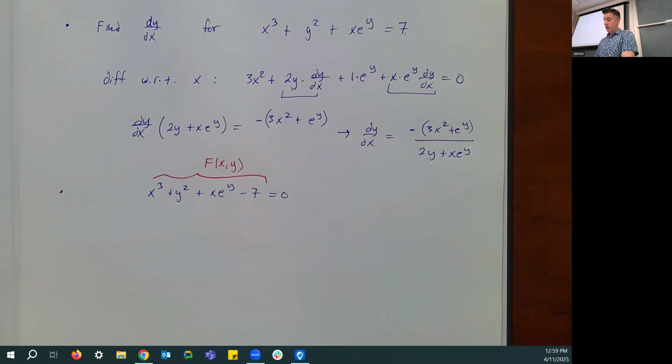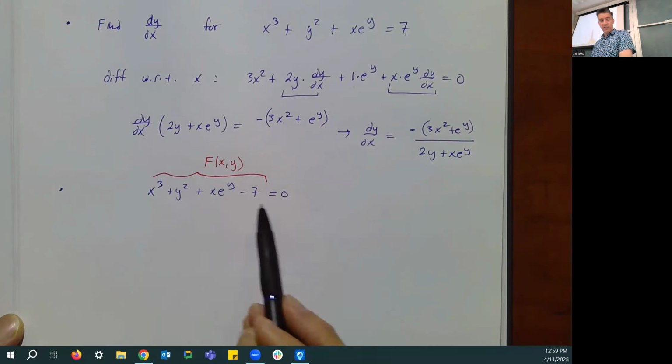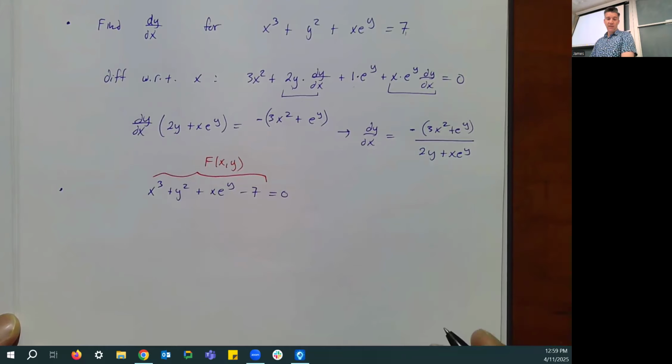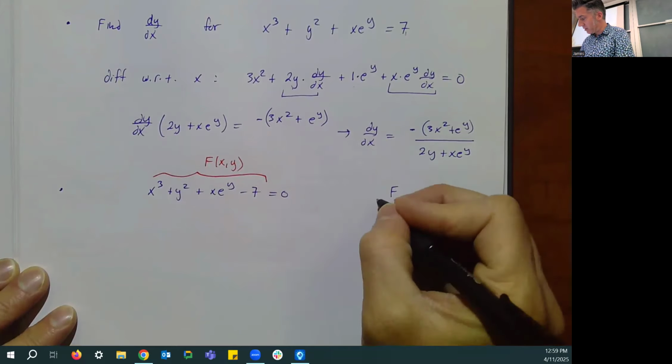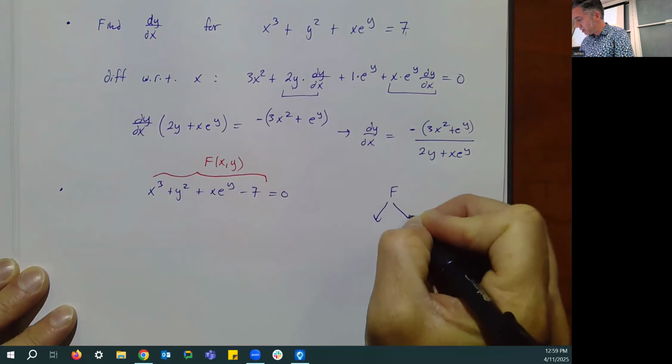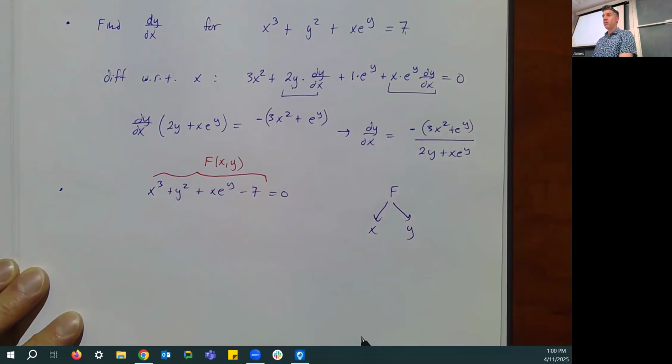So I'm going to take the derivative with respect to x of both sides of this equation. But I have to use the chain rule because f depends on both x and y, but also y depends on x, right? We're making the implicit assumption here that y is a function of x.